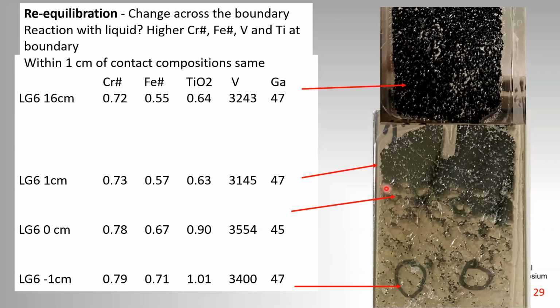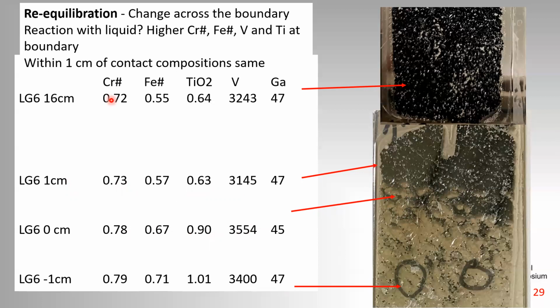Right at the contact here, you're still 0.7, this is a chrome number, titanium 3,500. And yet once you're 1 centimeter in, the composition is the same as 16 centimeters and higher.